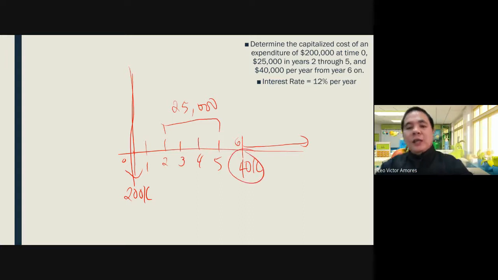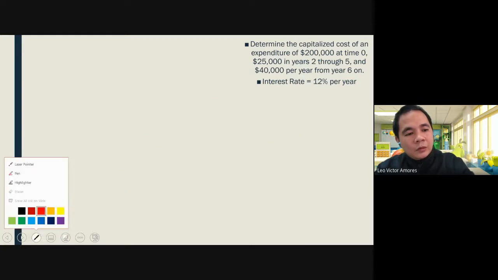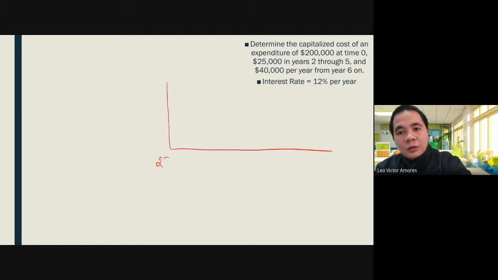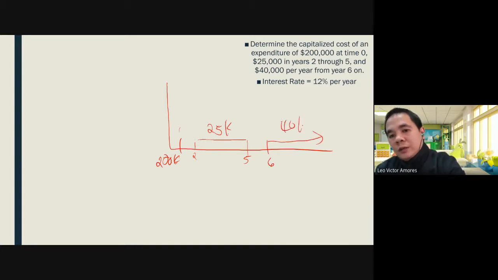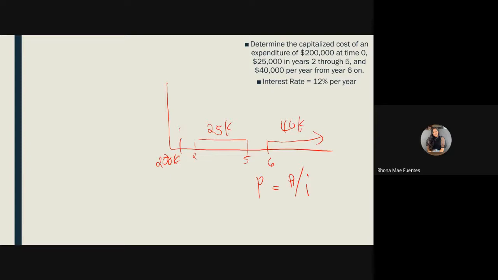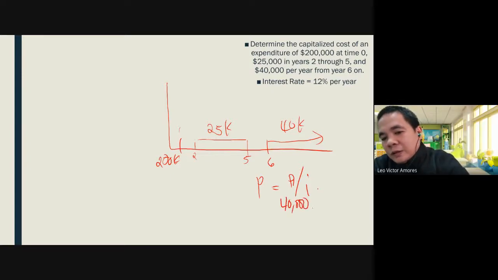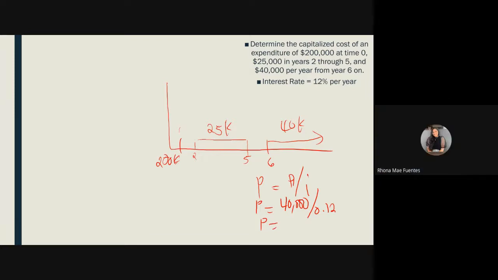Let's start off with the 40K perpetuity. If it is a perpetuity, basically P is equal to A over i. So 200K at year 0, 25 for years 2 to 5, and 40 from year 6 onwards. P is equal to A over i, so that is 40K divided by 0.12. That is 333,333.